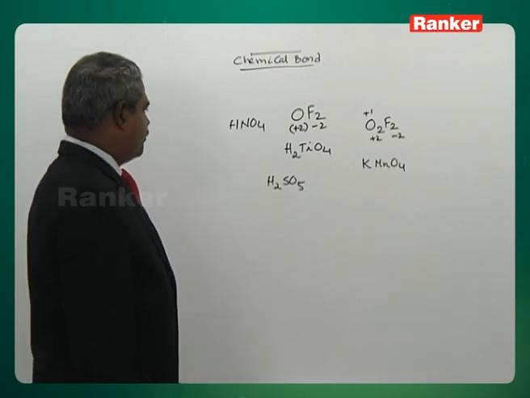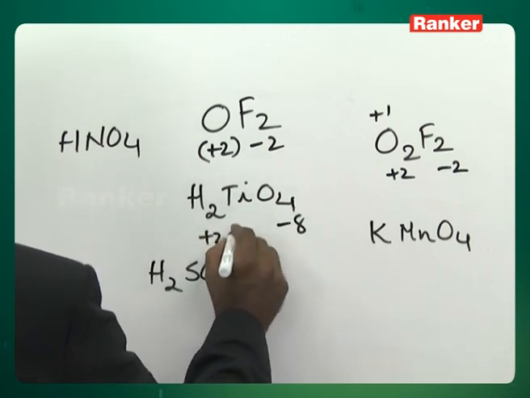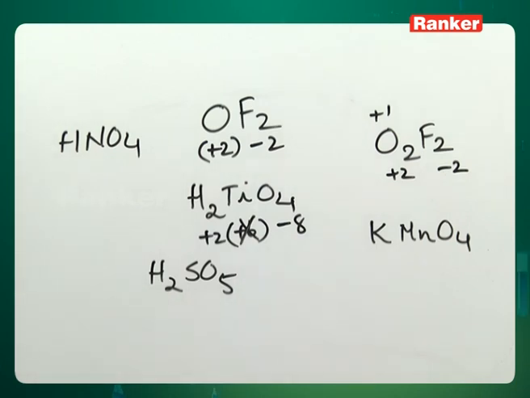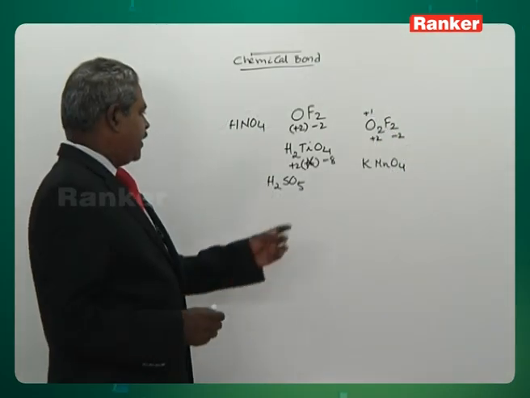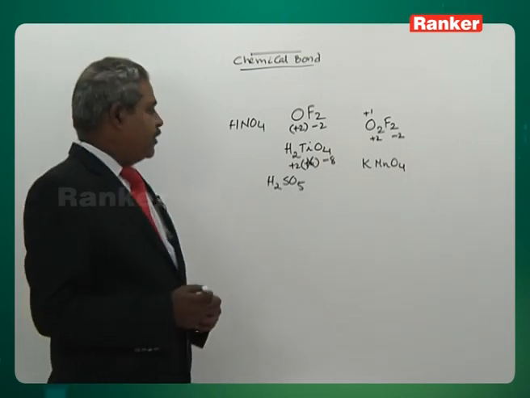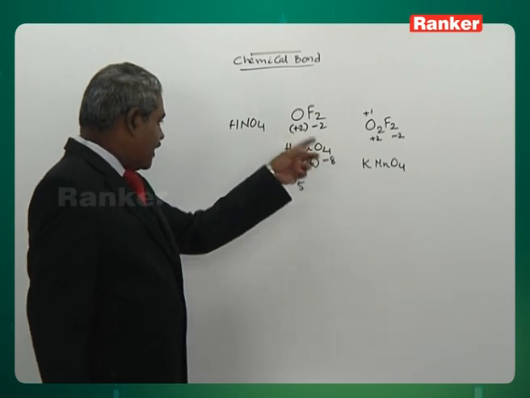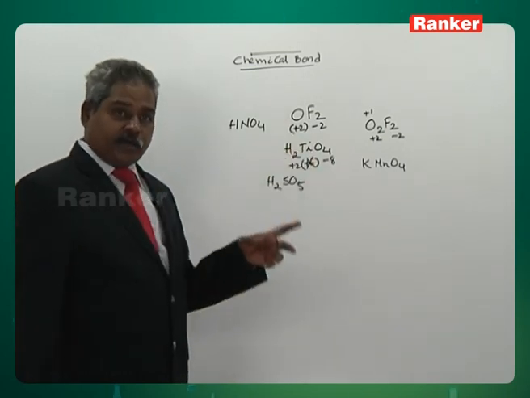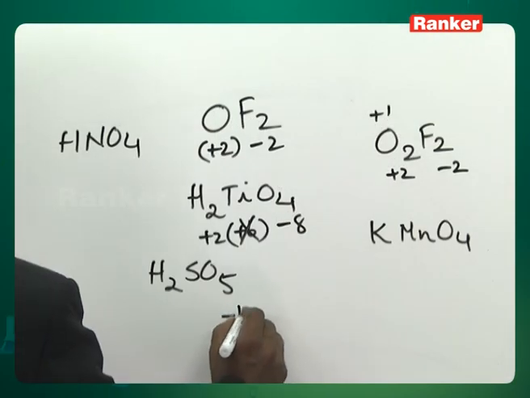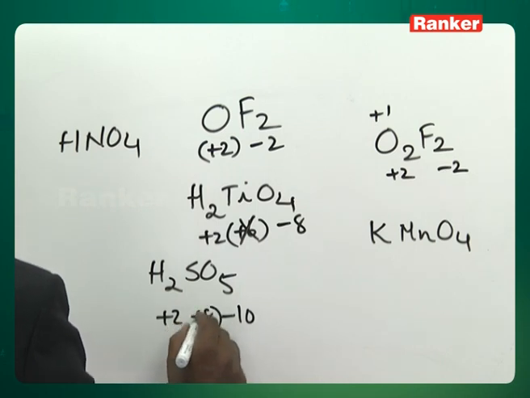And H2TiO4. What about H2TiO4? Minus 8, plus 2, plus 6. It is impossible for titanium, because titanium belongs to group 4B and plus 6 is impossible. Therefore, it contains a peroxy bond. It is called pertitanic acid. H2SO5: minus 10, plus 2, plus 8.